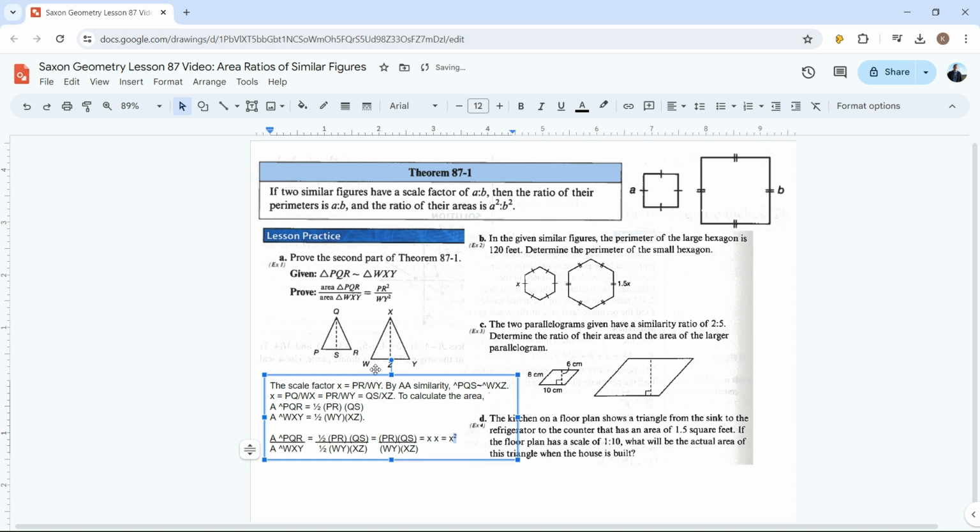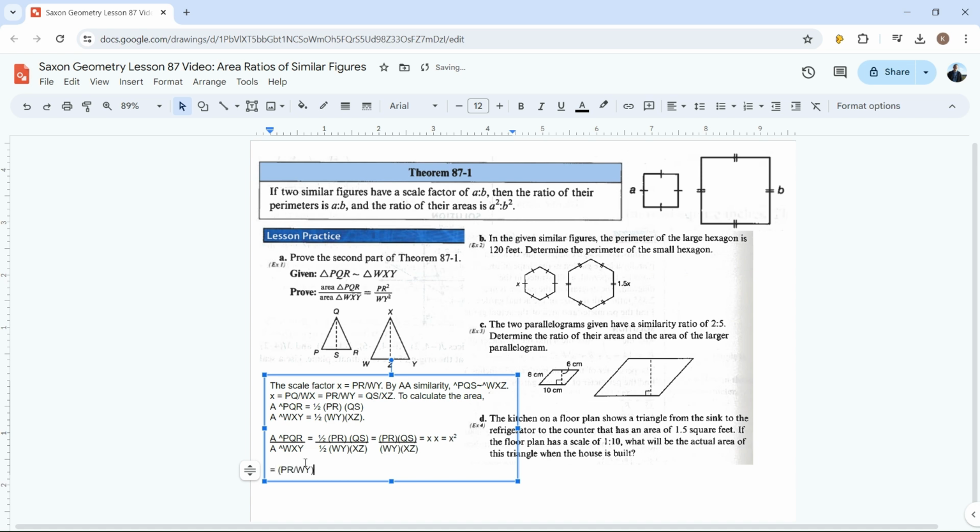And then since the scale factor is PR over WY, I can prove, okay, so actually I've already proved everything I need to prove. But now, just to make my proof equal this, since by substitution x equals PR over WY, which we proved back here, I could say that the area ratio equals PR over WY.